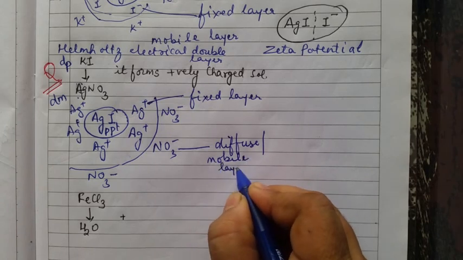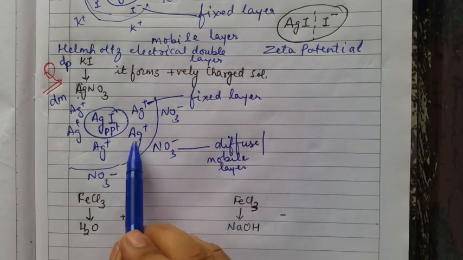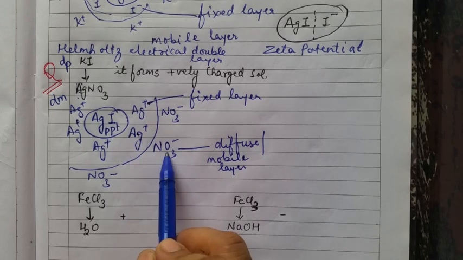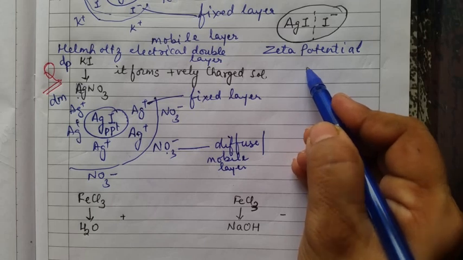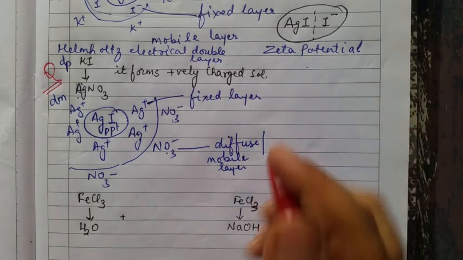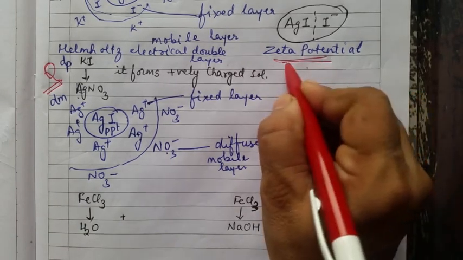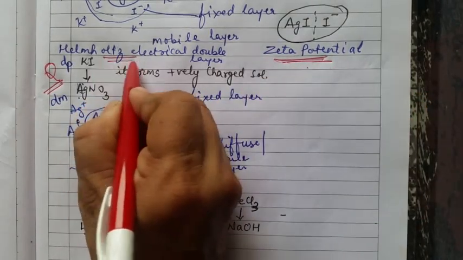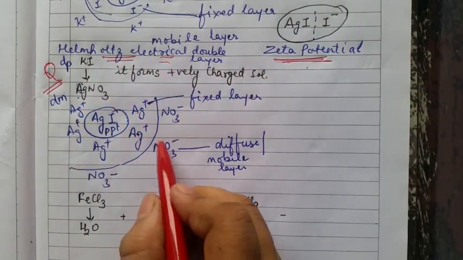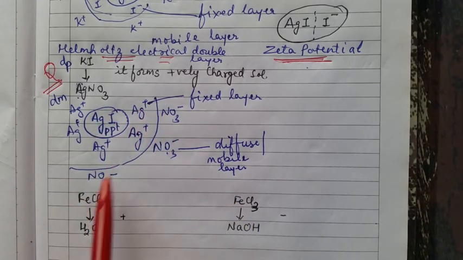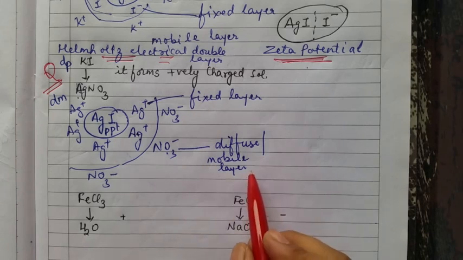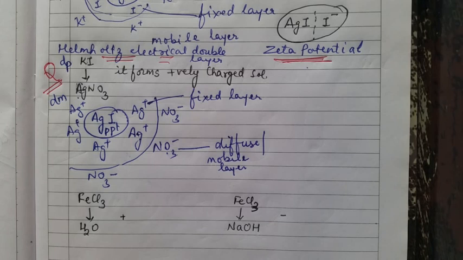Between this plus and minus also there is a zeta potential. This is also an electrical double layer. Around the precipitate, two layers are formed. The potential developed between plus and minus is called zeta potential.